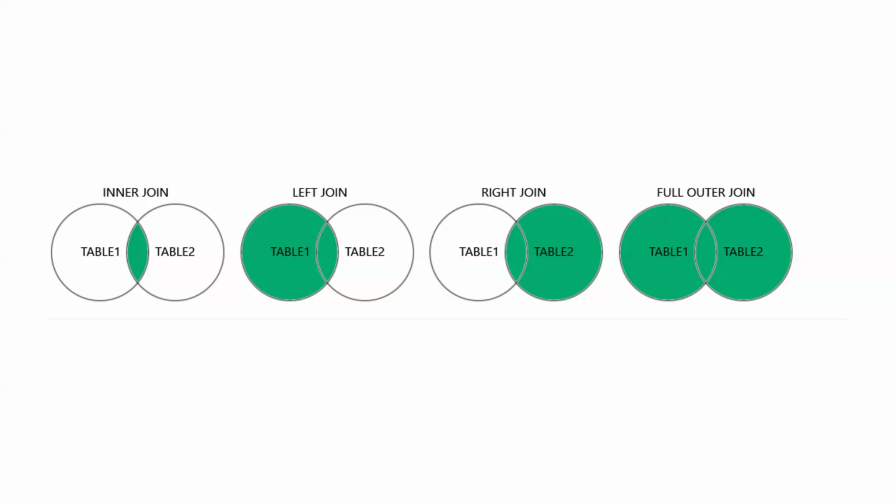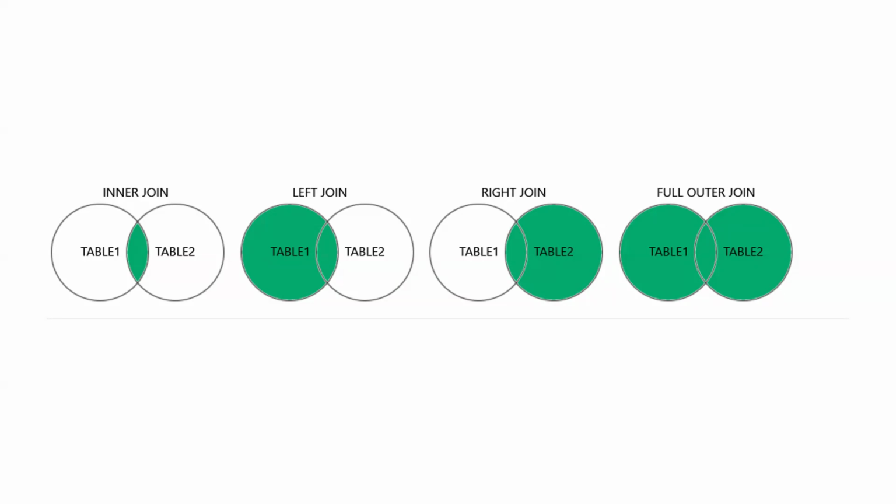If I want the information from the 2 tables, everything, then I'm doing a full outer join. If I want information from one half of the set alone, then I'm doing a right join. If I want information from the left-hand side of the set alone, I'm doing the left join. But if I want the middle information, then I'm doing an inner join.